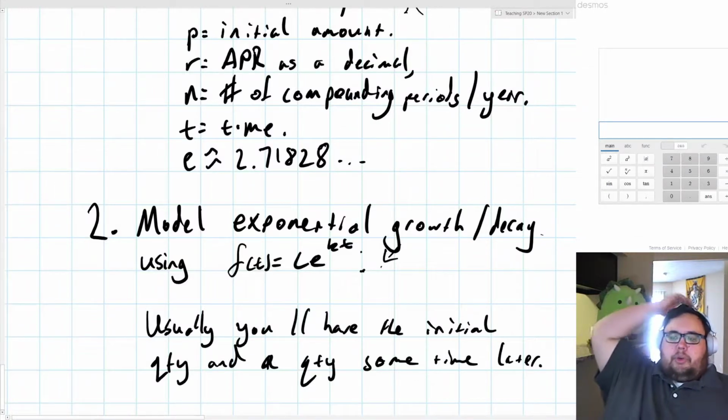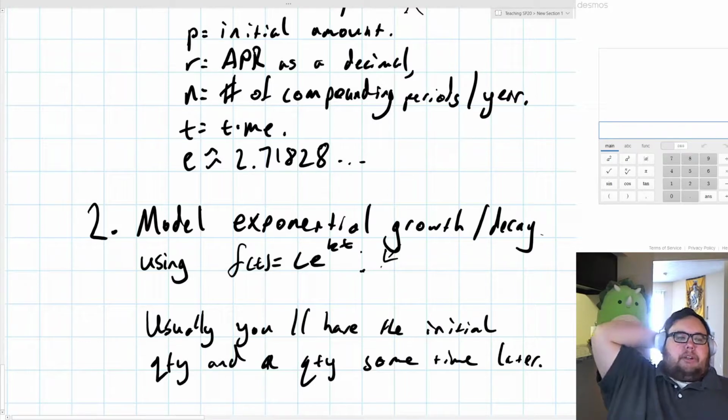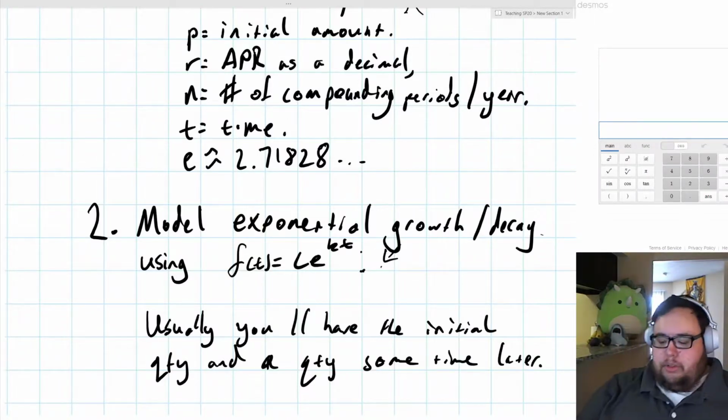So I might give you that there's 100 fish in a pond when they're first introduced, and then 5 years later there's 120 fish in that same pond. Make a model for the growth rate of the fish. How many fish are there going to be in 5 or 6 years, etc., like 10 years. These are the types of things I'll ask you to do with exponential growth models.